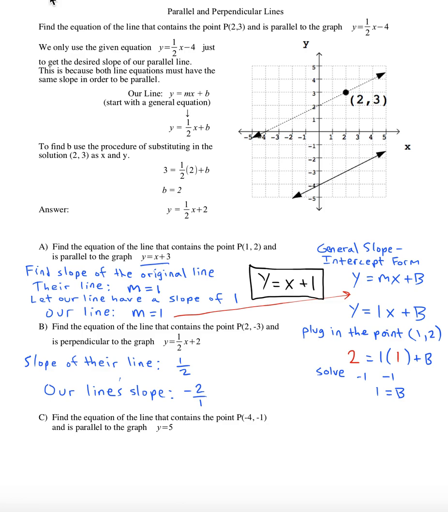Then we'll just do the same process that we did over here. Start off with the general form. And then just plug in the point that you're going through. Then we'll finally be able to solve for the b.